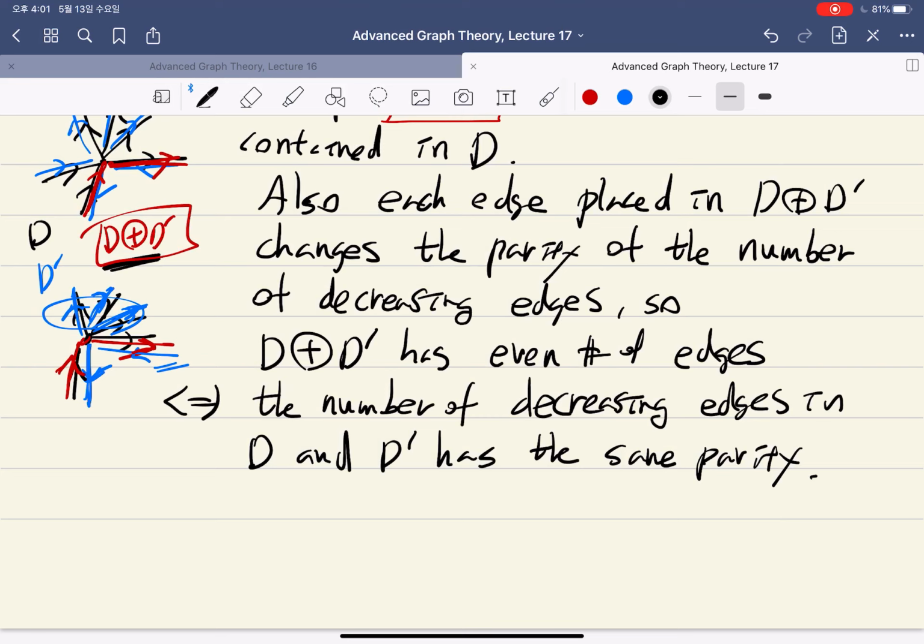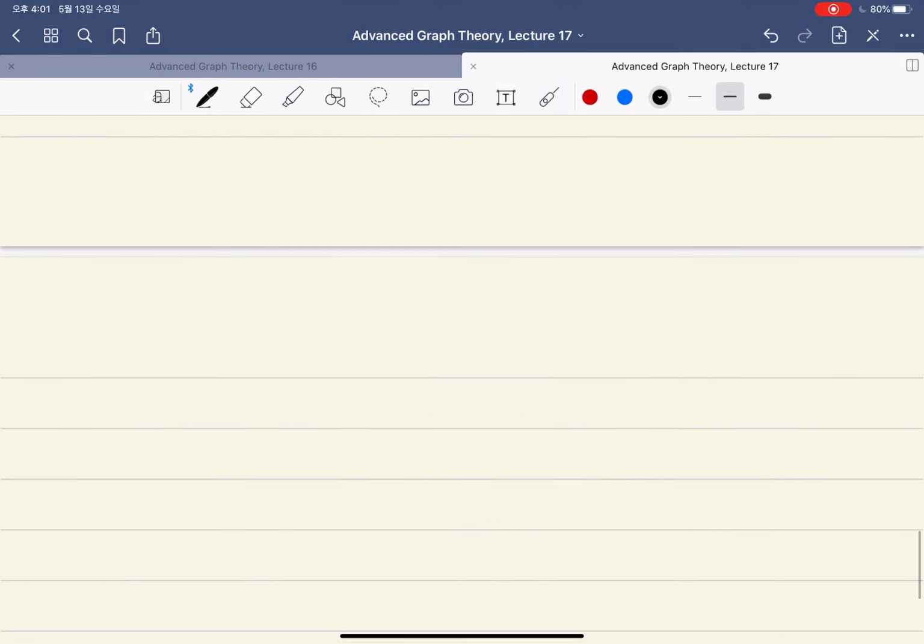If and only if means that if this has an even number of edges, then they have the same parity. If this has an odd number of edges, then it has different parity.